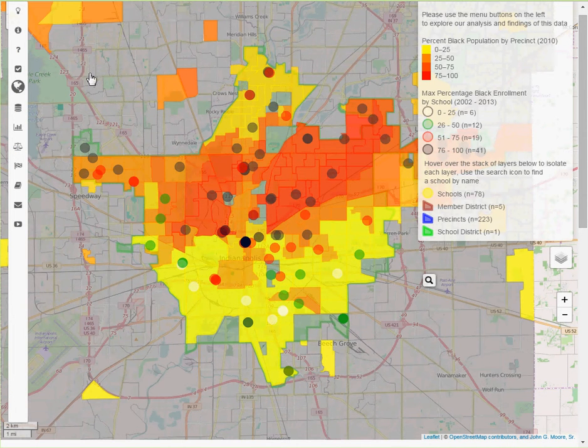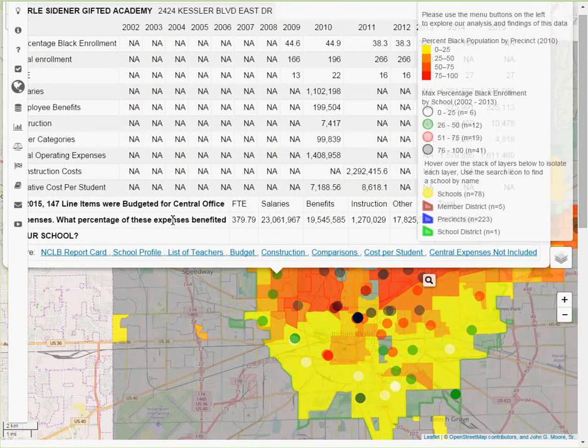So I'd encourage you to look around in the map. Earlier I had mentioned the central office expenses: on all of these individual schools, I've included the central office expenses in each one of the individual schools because we don't know what the allocation of those are.